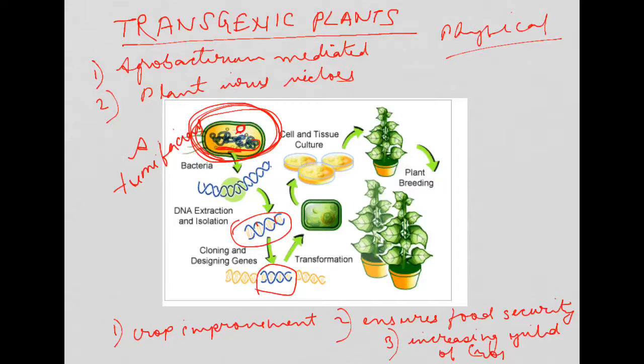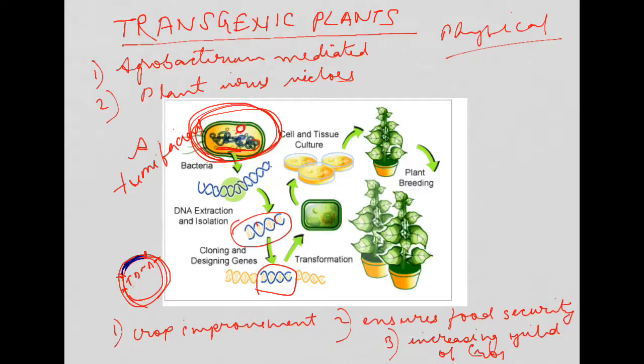Some portions are cut because we need to keep the size of the plasmid the same, and these are portions not required for transfer of the T-DNA. The portion of the plasmid which is transferred is known as T-DNA. Some portions of this T-DNA are cut and our gene of interest is inserted there.